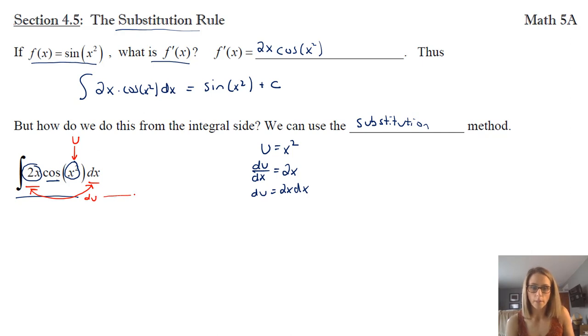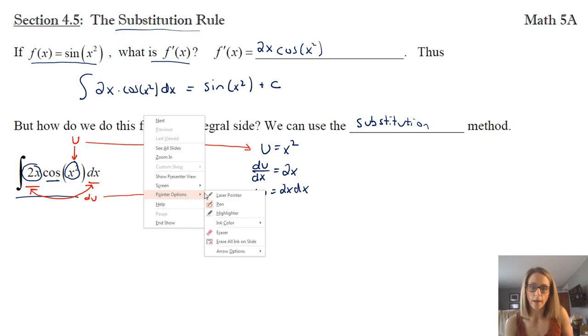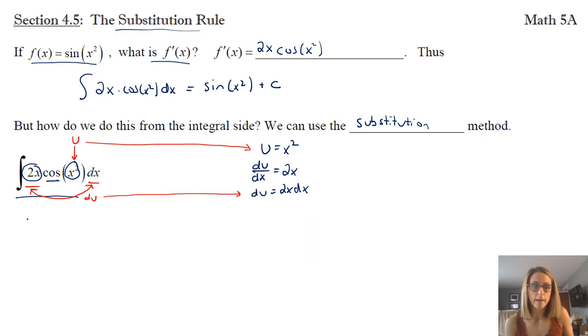So notice, that's just right here. And this part is just right here. And so now we can rewrite what we have so that instead of this integral with x, we have the integral of cosine of u times du.